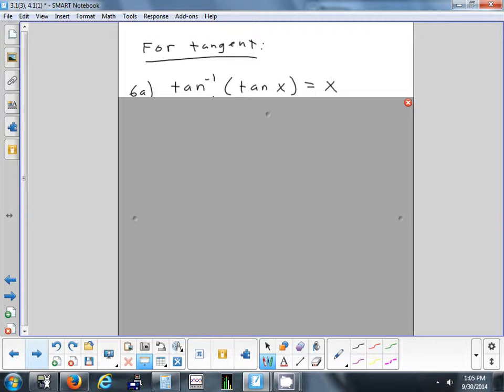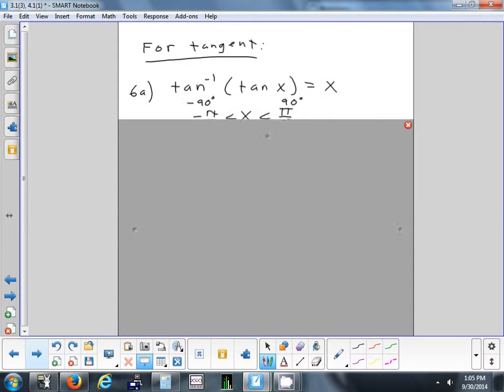Okay, let's start with our restriction for formula 6a. Hey, Jacob, do you remember yesterday what we had to be between for our inverse tangent? Negative 90 and 90, but you can't equal negative 90 or 90.